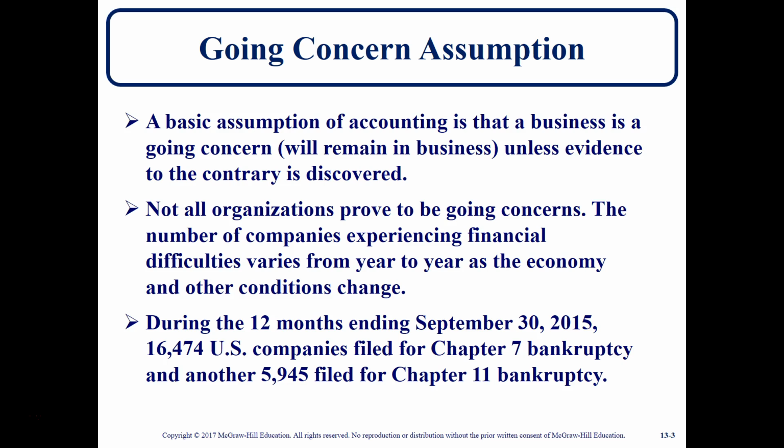The basic assumption of accounting, as we know, is that a business is a going concern unless we have evidence to the contrary. Bottom line, all of our companies are expected to survive. Okay?